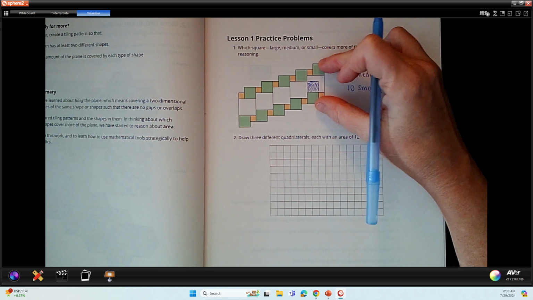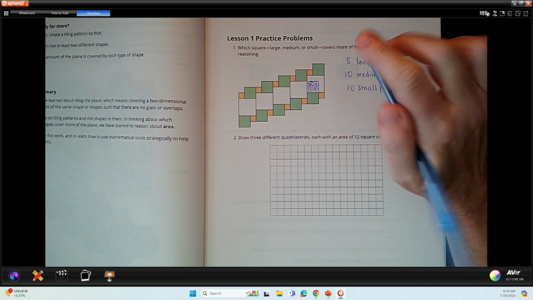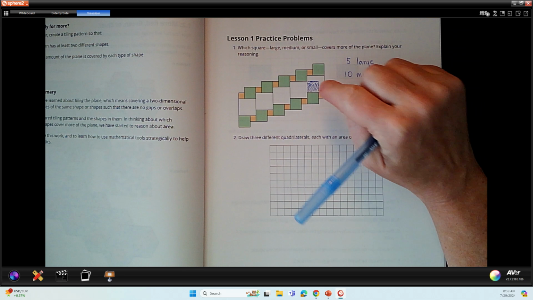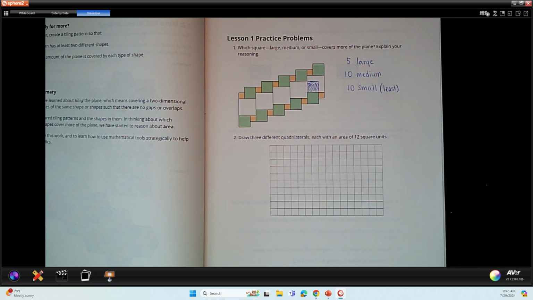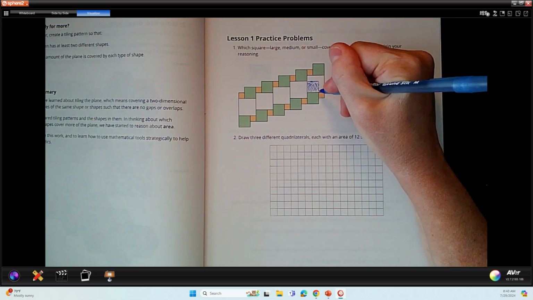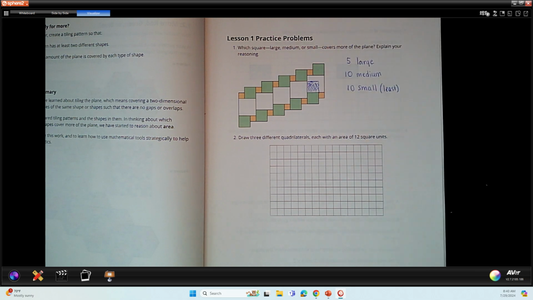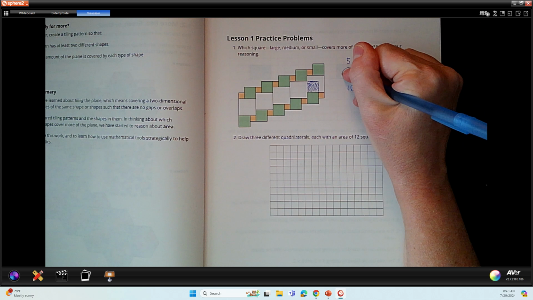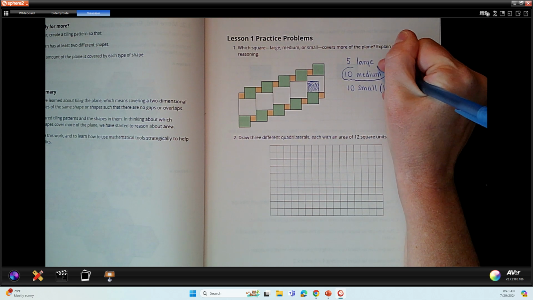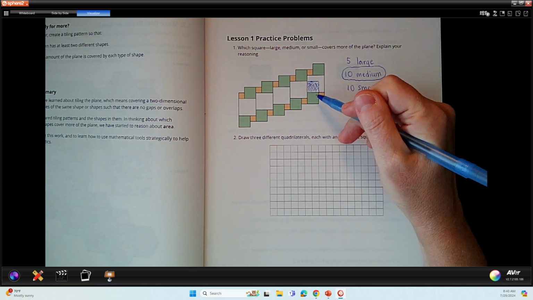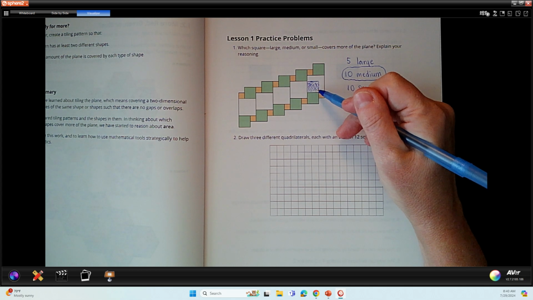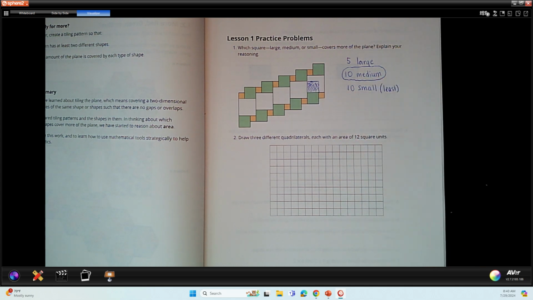Okay, so 2 of these green medium-sized squares are going to cover more area than the white or the large square, just because we can see that it's more than halfway across, more than halfway across. So I will say the mediums cover more of the plane because each of the medium squares is slightly larger than halfway across the large one. Okay, so the medium's going to cover more of the plane.